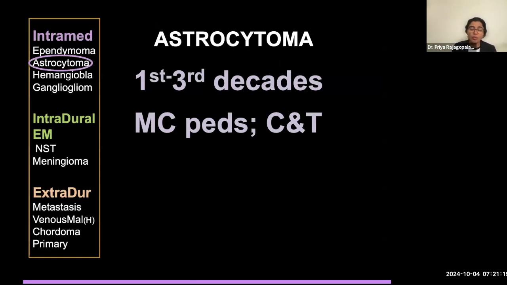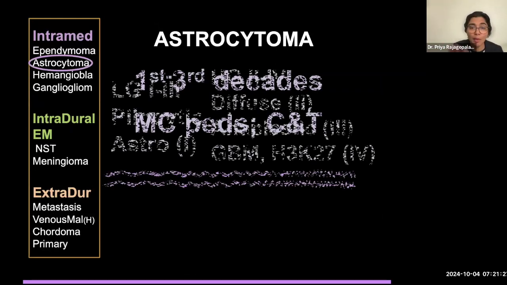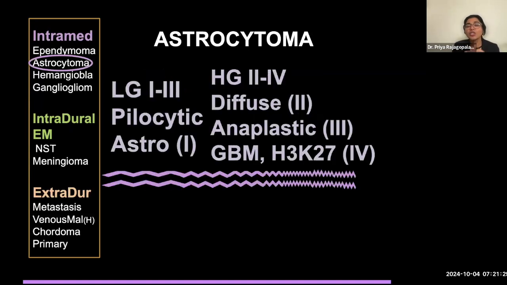So astrocytomas tend to happen in a slightly younger population. So it's more common in the pediatric age group, and cervical and thoracic regions tend to be more common in terms of occurrence. Now, astrocytomas have a range of presentations in terms of the pathology. Now, they can be of different grades. You've got the lower grade astrocytomas, grade 1 to grade 3.